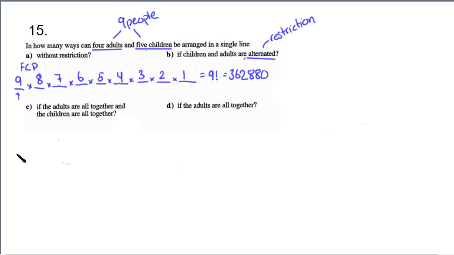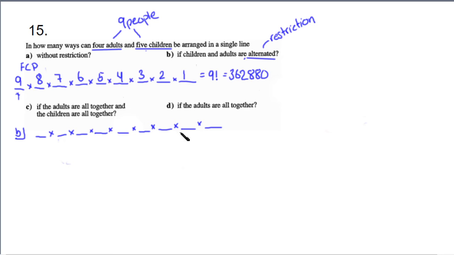So we're going to do that one down here. This is B. We're going to put in our 9 placeholders. 1, 2, 3, 4, 5, 6, 7, 8, 9.